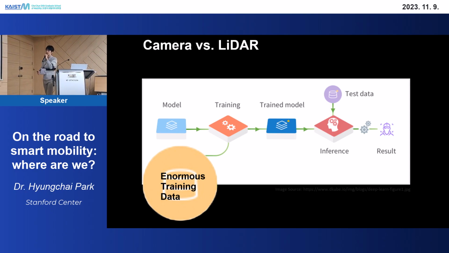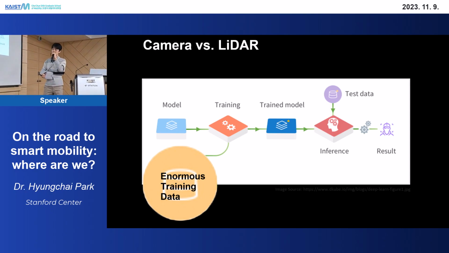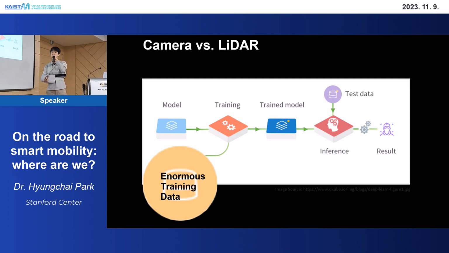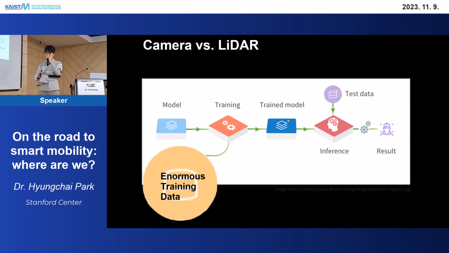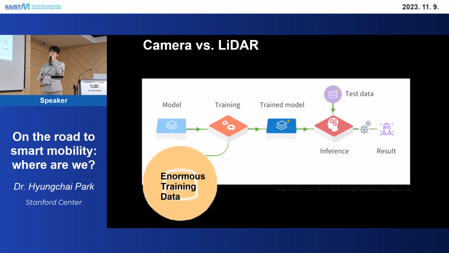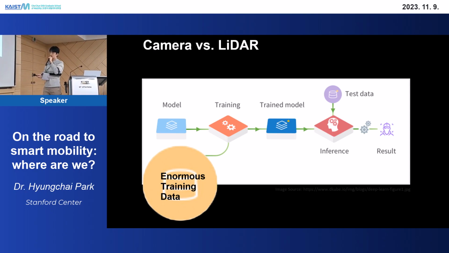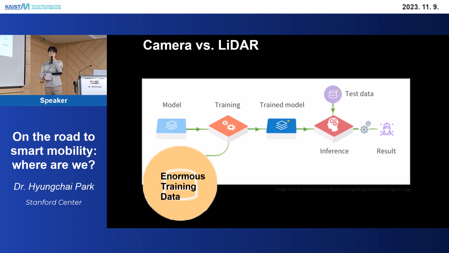So by putting in enormous training data, through the OTA, over-the-air updates, Tesla is collecting a huge amount of video data from all their customers. It means they have collected enormous training data, which might cover most of the corner cases that other car makers may not have.